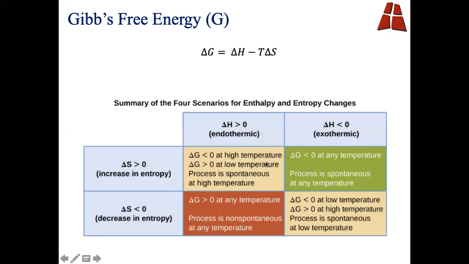Then we have two intermediate situations. Say, for example, our delta H, our change in enthalpy, is positive. It's an endothermic reaction, but our entropy is positive. In that case, we have to determine at what temperature the reaction will be favorable versus unfavorable.